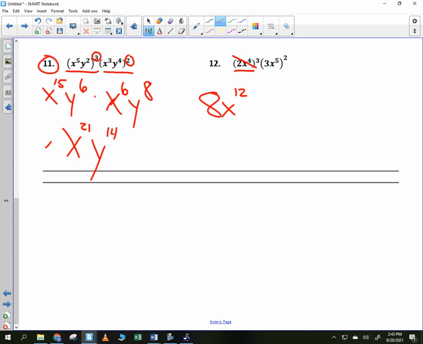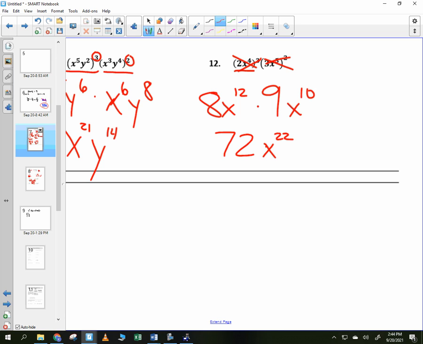So I just got done with that piece. And now I got to move on to the second one. 3 squared and x to the 5th squared. Now that I've reduced it to this, now I can multiply them together. And 8 times 9 is 72, and x to the 22nd. All right, good. Flip it over.